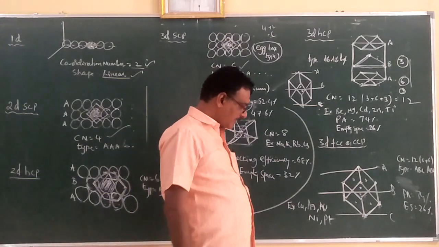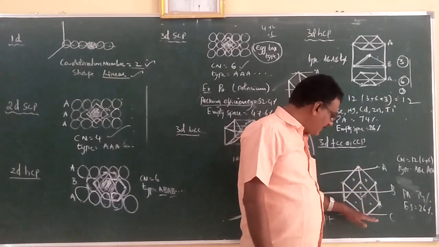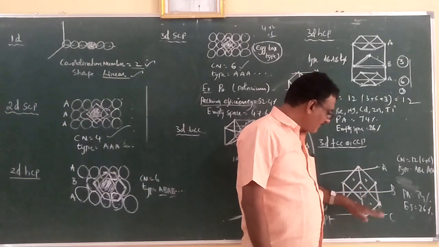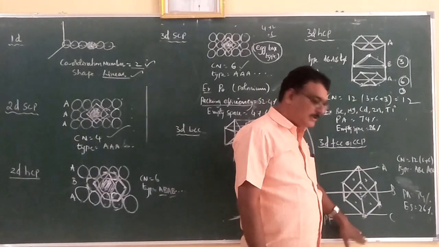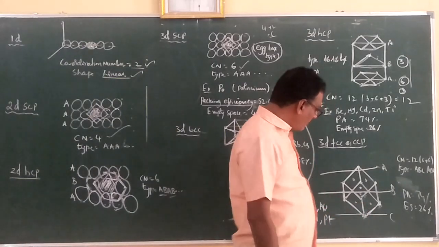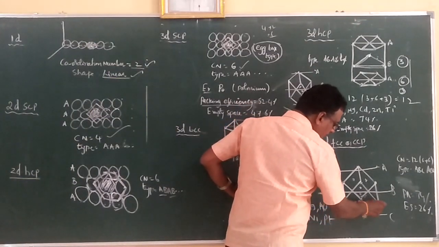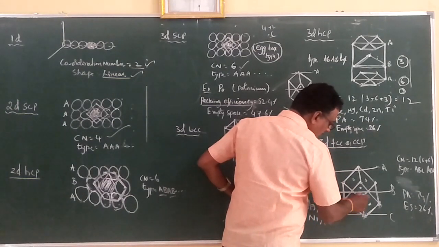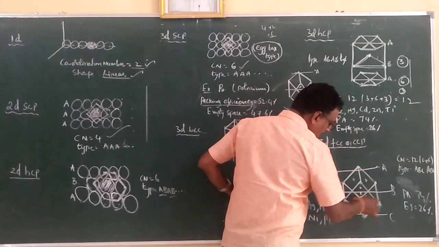Okay? That's why here B and C. Next after that, again what is there? B follows. Why? Because A and C are similar. That's why here, how many dots are there? Here 1, 2, 3, 4, 5, 6.